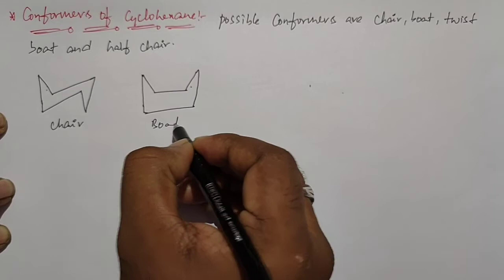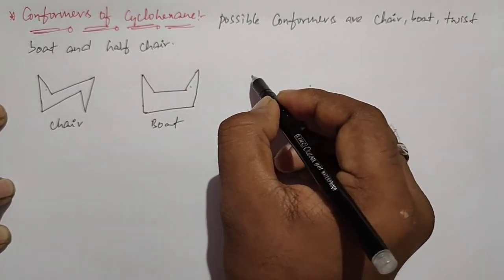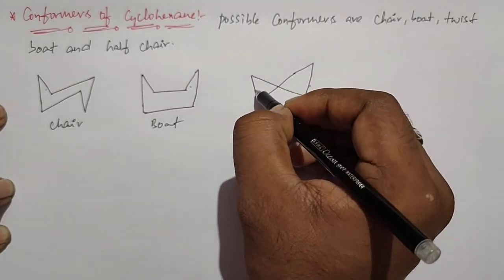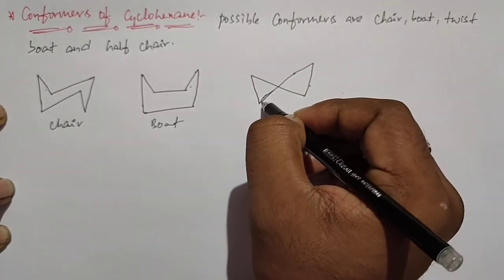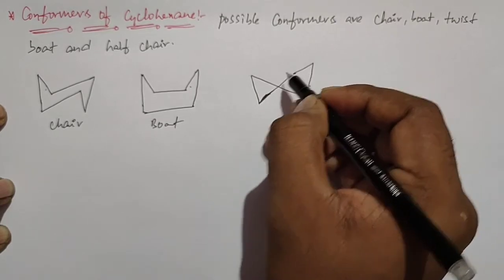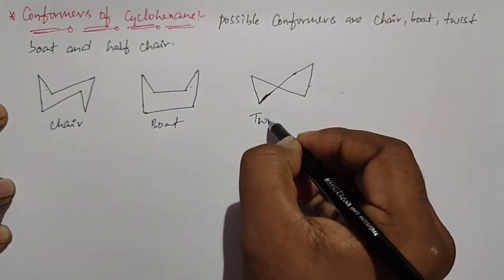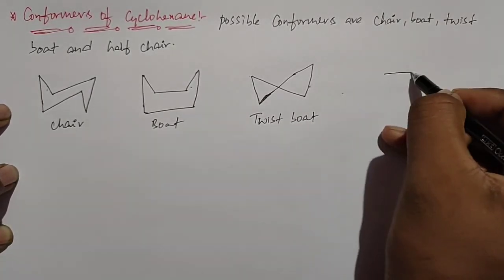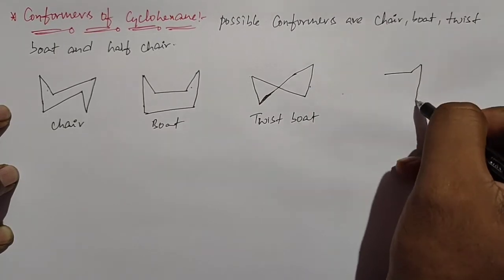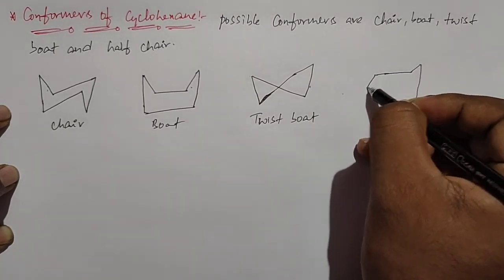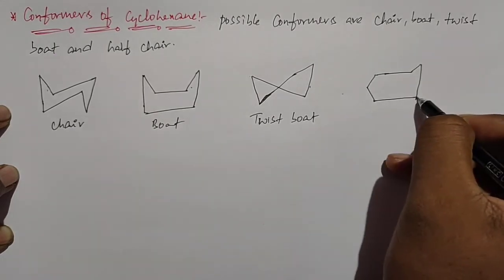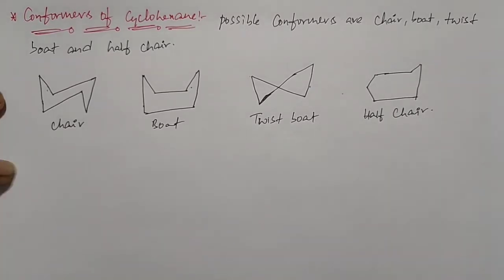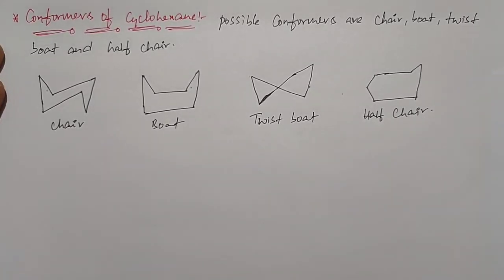This is the boat form. And this is the twist boat form, and last is the half chair. This is the half chair form. These are the possible conformers of cyclohexane.